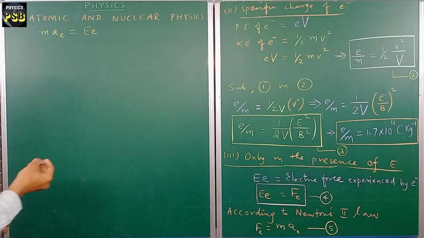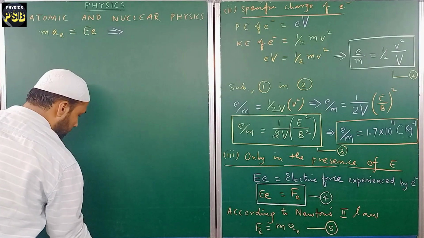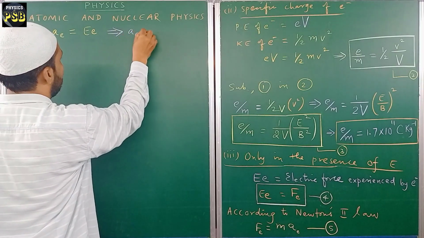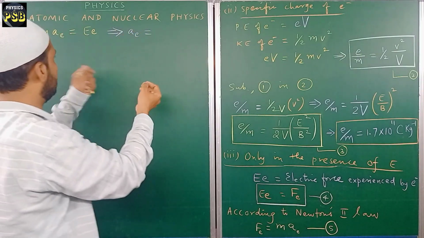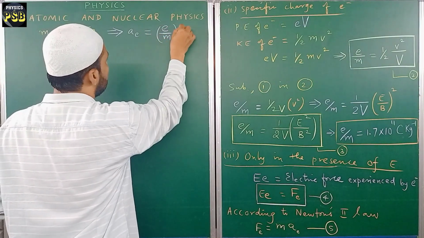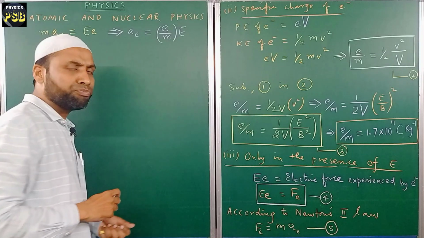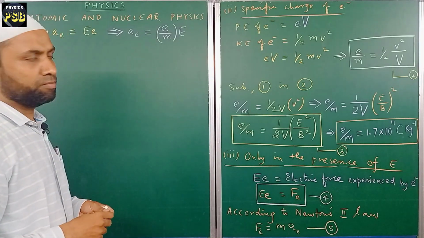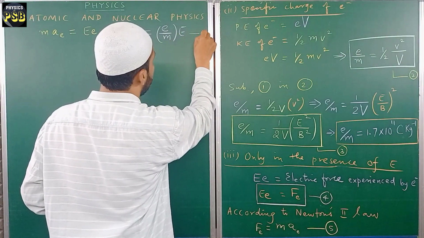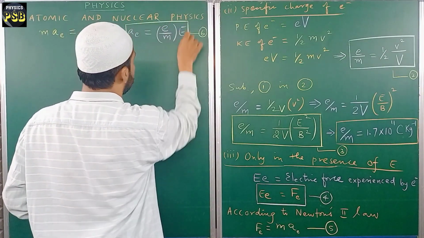I keep a here as such, and m is taken to the other side. So I will get e upon m multiplied with the capital E. This is what I obtained. Now this represents the acceleration of electron. This is taken as equation number 6. I box this.